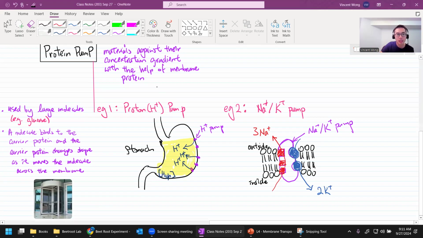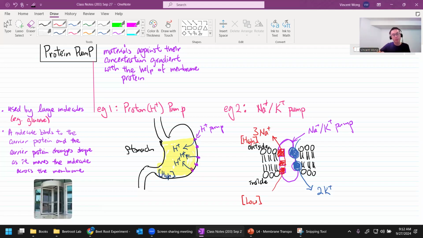So if you keep on pumping sodium out, then it's going to be high concentration of sodium outside and low concentration of sodium on the inside. So you see, this is active transport. You are pumping it from low to high. All those sodium actually wants to come back in, but they can't, because the membrane blocks charged particles.